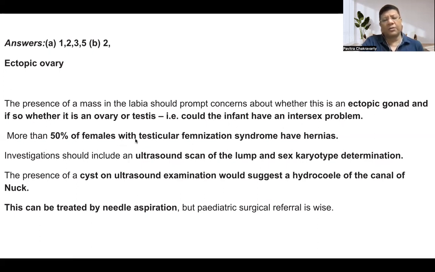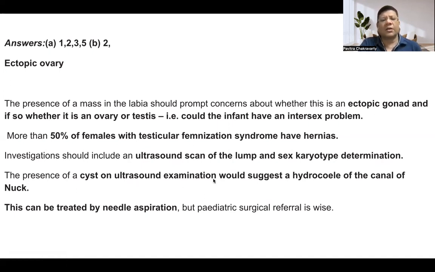More than 50% of females with testicular feminization syndrome have hernias. So USG of the hip and sex karyotype. USG of the hip lump is very straightforward, but sex karyotype is where you get all the extra marks, because presence of a mass in the labia carries a chance of familial testicular feminization. So karyotype is important. And again, this is further down the list, so this is not wrong.